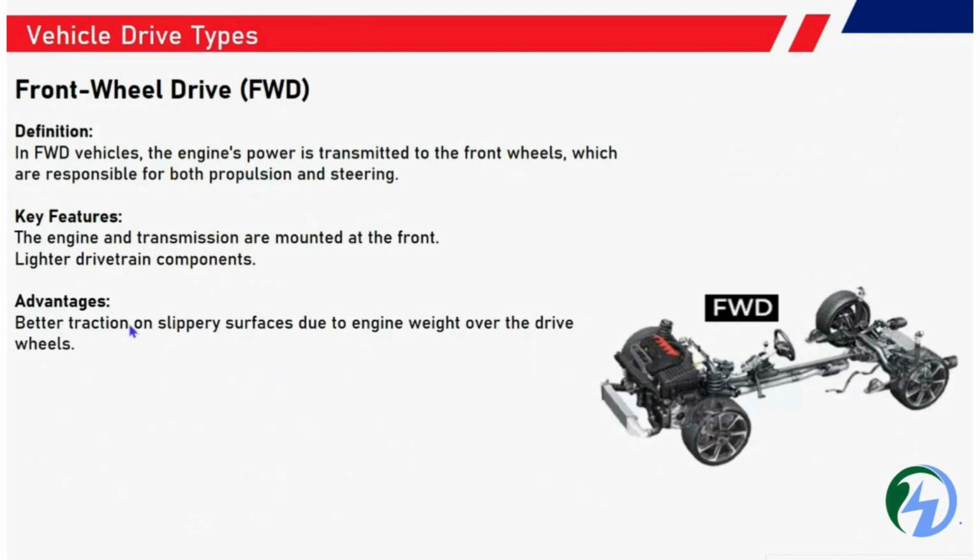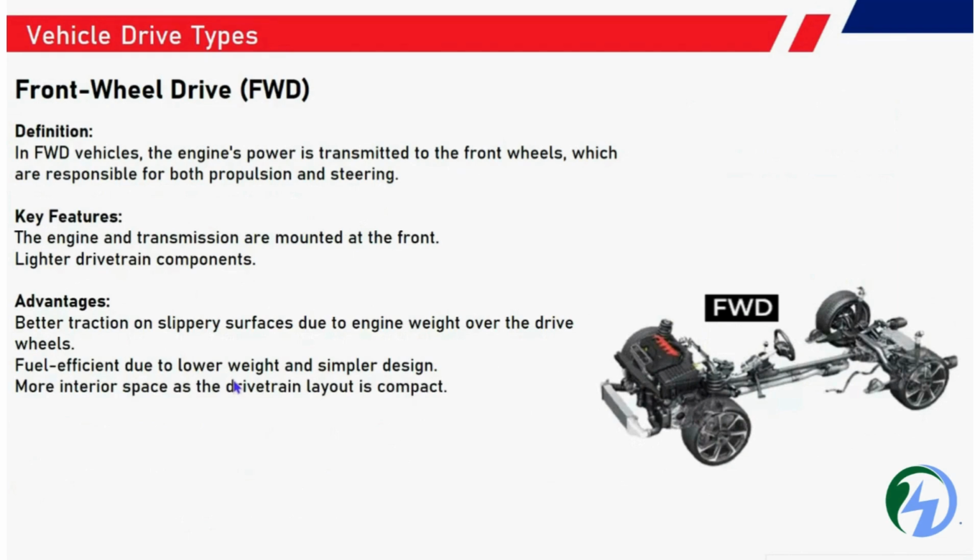The advantages are better traction on slippery surfaces due to the engine weight over the drive wheels. The engine is at the front and the drive wheels are also at the front, so more weight is added there, which gives some stability while driving. There is also fuel efficiency due to lower weight and simpler design, and more interior space because the driveline layout is compact.